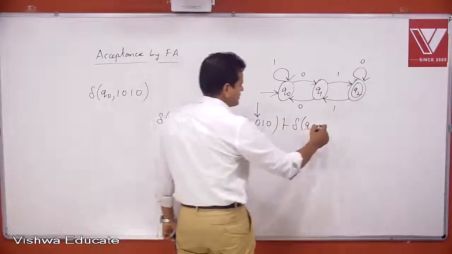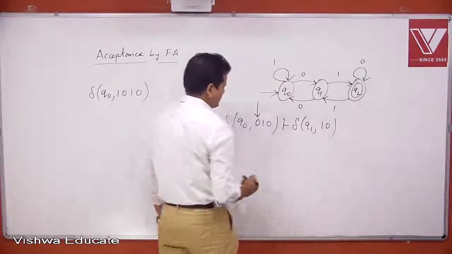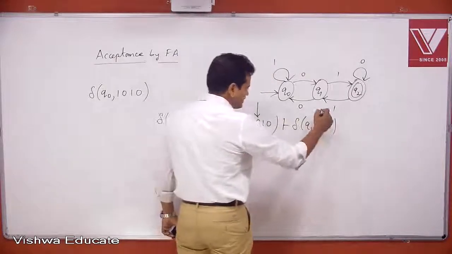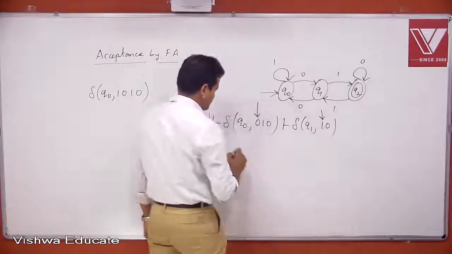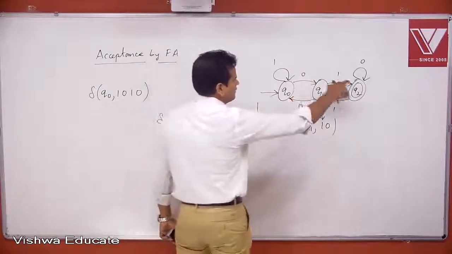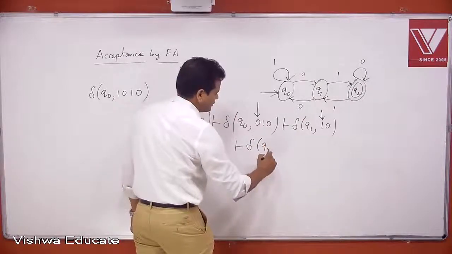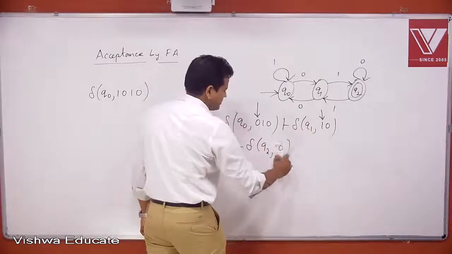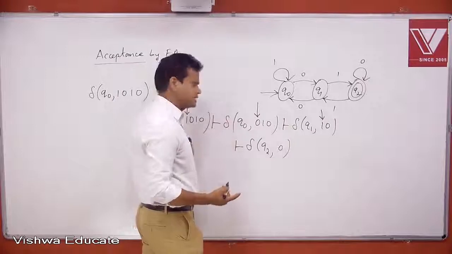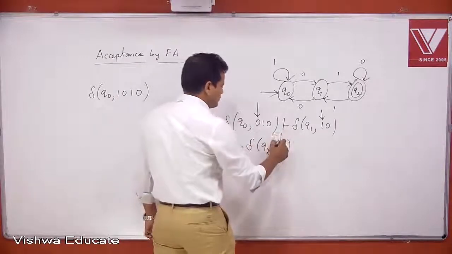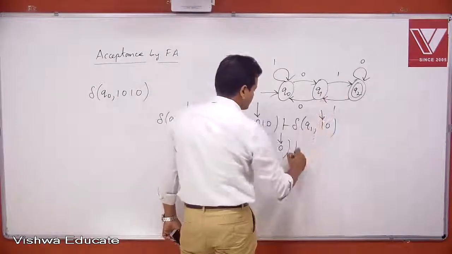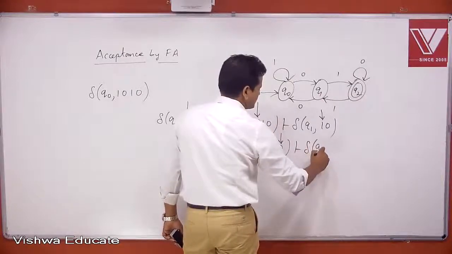Q1, and the remaining input string is 10. Now the machine is in Q1 state and the present input symbol is 1. So Q1 on 1, what is the output state? It goes to Q2. What is the next input symbol? The remaining input string is 0. Now Q2 on 0, the machine remains in Q2.